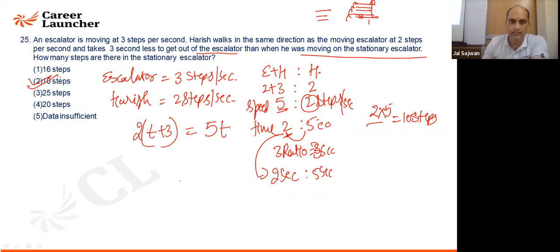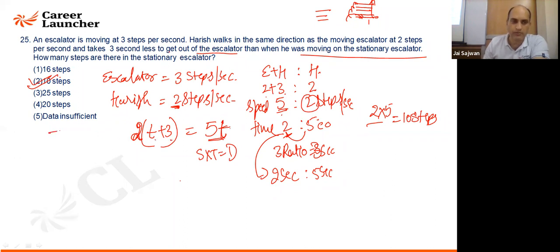Fine. So when escalator plus Harish is going there, the speed is 2 plus 3 is 5. So it takes t time. The speed multiplied with time is equal to distance. So number of steps are 5t steps. But when the escalator is stationary, it is only Harish who is walking at the rate of 2 steps per second. He will take 3 more seconds.